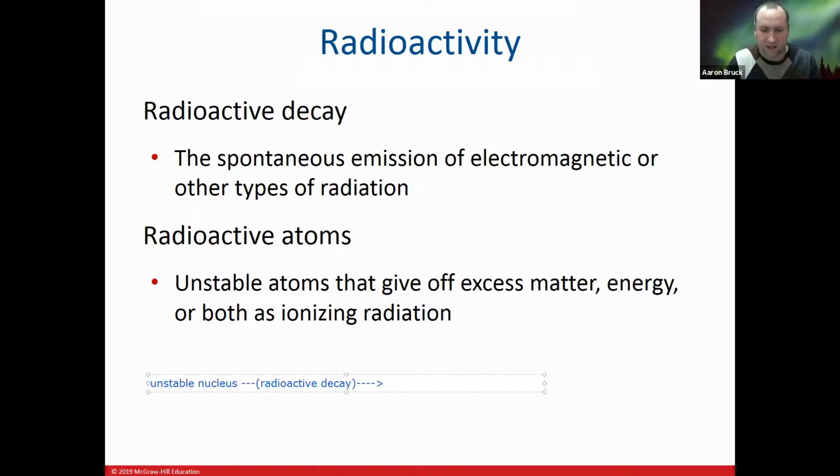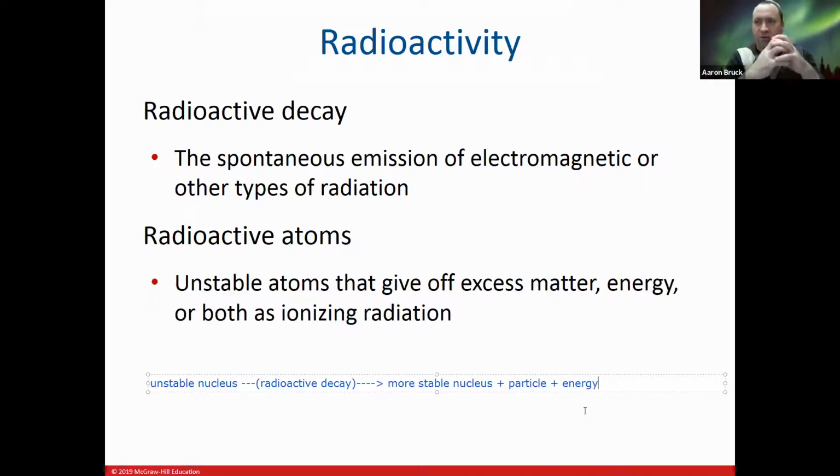And what will form is a more stable nucleus, a particle, and energy.